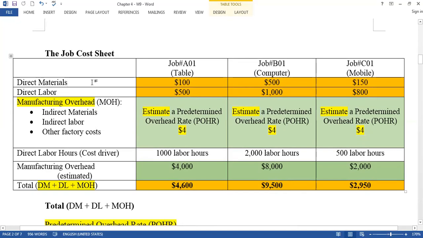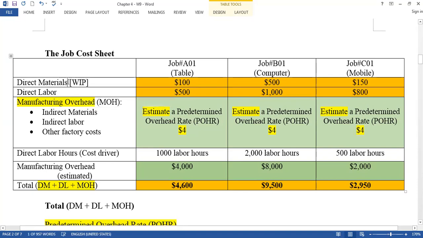Now, if you remember this, the direct materials, this number, we transfer directly to WIP. Can you remember the meaning of WIP? Work in process. That means not yet completed, right? It is in the process. So when we are producing a product, we transfer material to the process, right?